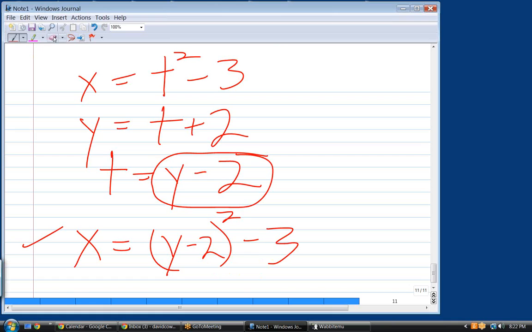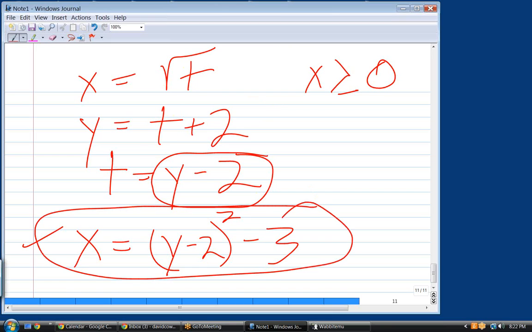If I had something like x is the square root of t, well, now the domain is x has to be greater than or equal to 0. By the time you eliminate the parameter, you might end up with something where it doesn't look like there are any domain restrictions on x. But there are. x still has to be greater than or equal to 0.